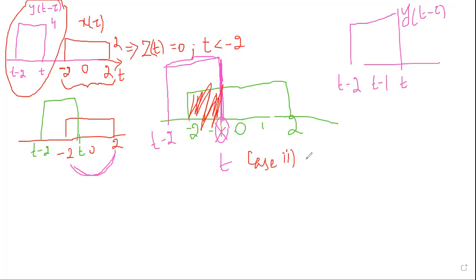Now for case 2, I have to write with respect to the scaling of x of t. I should not bother about the scaling of the impulse response. Earlier I have written case 1 with respect to the scaling of x of t, t less than minus 2.